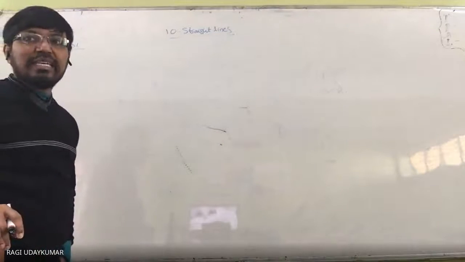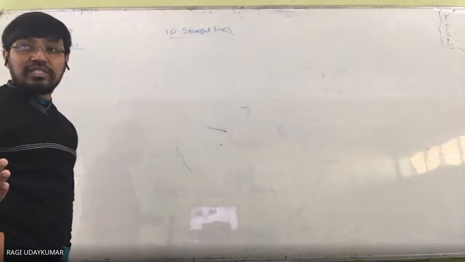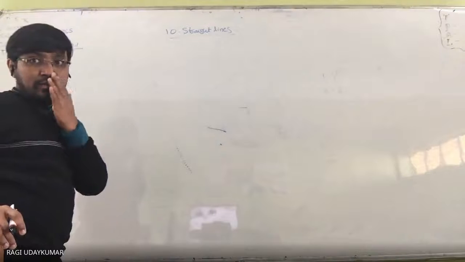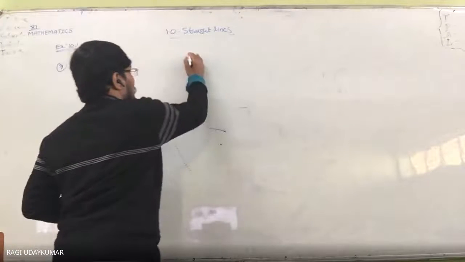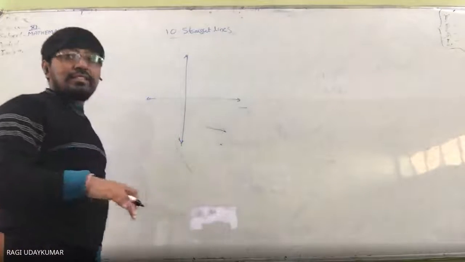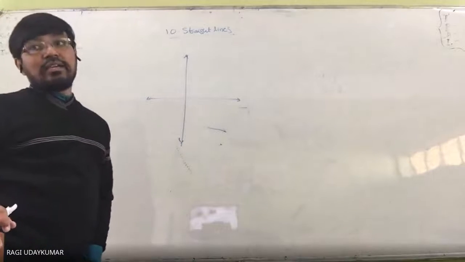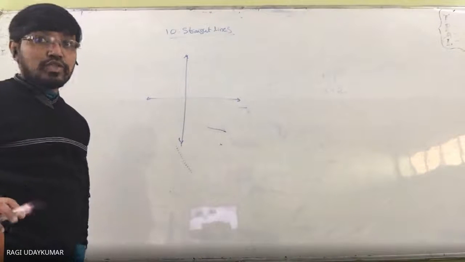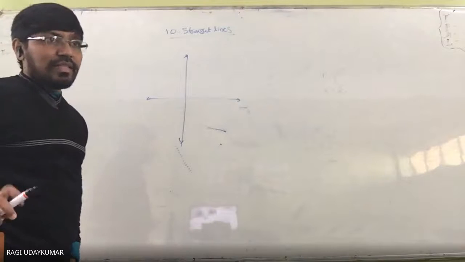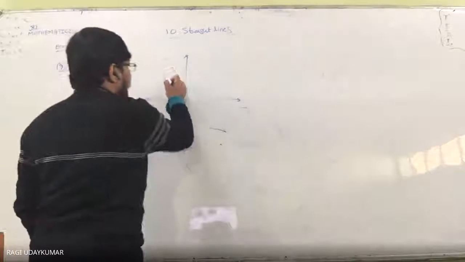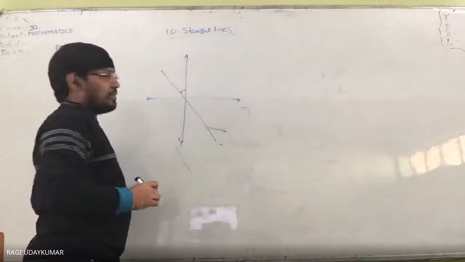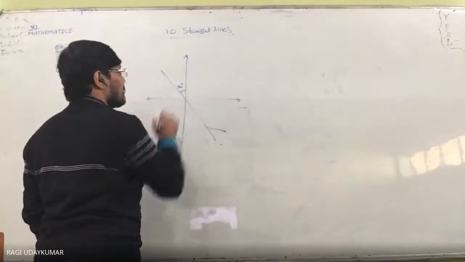Slope of the line which makes an angle of 30 degrees with the positive direction of the y-axis measured in anti-clockwise. This is the y-axis. The line is making 30 degrees with the positive direction of the y-axis in anti-clockwise direction. So the line will be like this. This angle is 30 degrees.